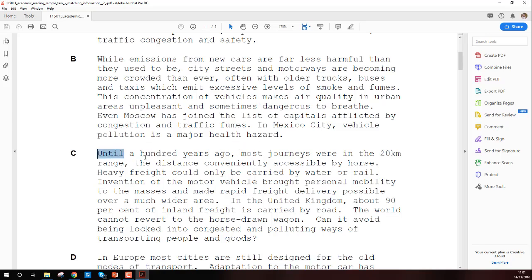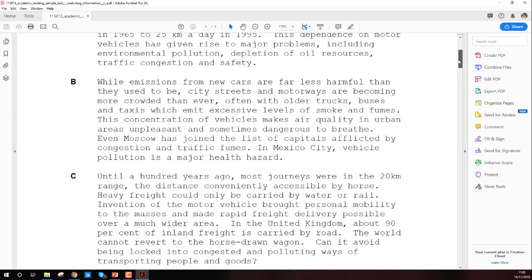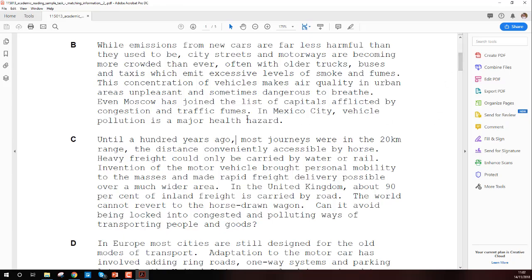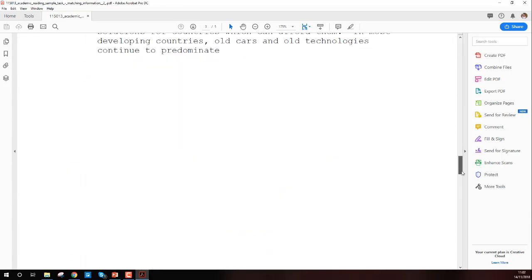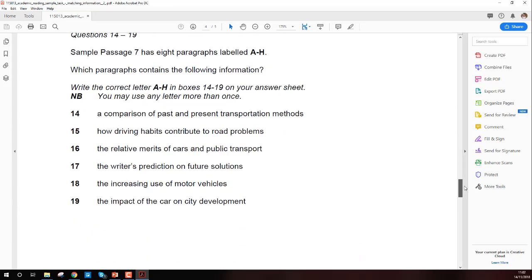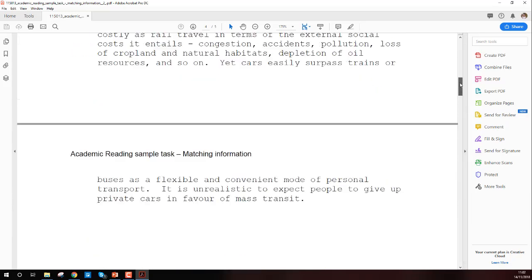Okay, so it's talking about 100 years ago. So I probably think it's going to be here. So let's go back down and read the statement again. A comparison of past and present transportation methods.